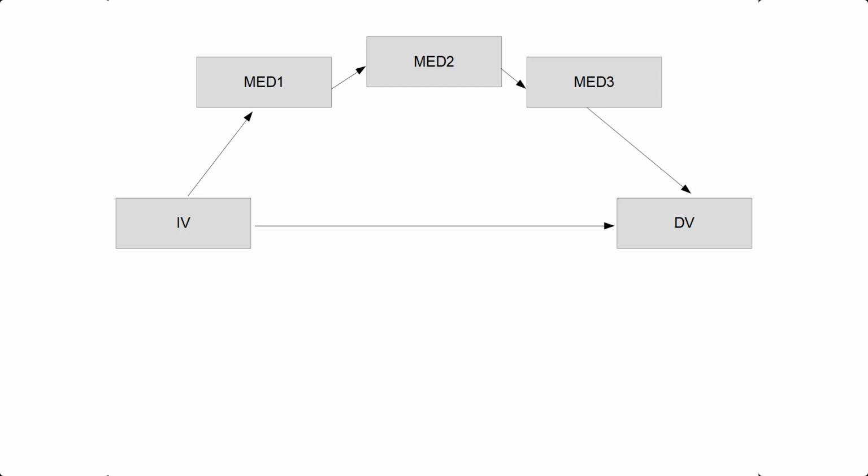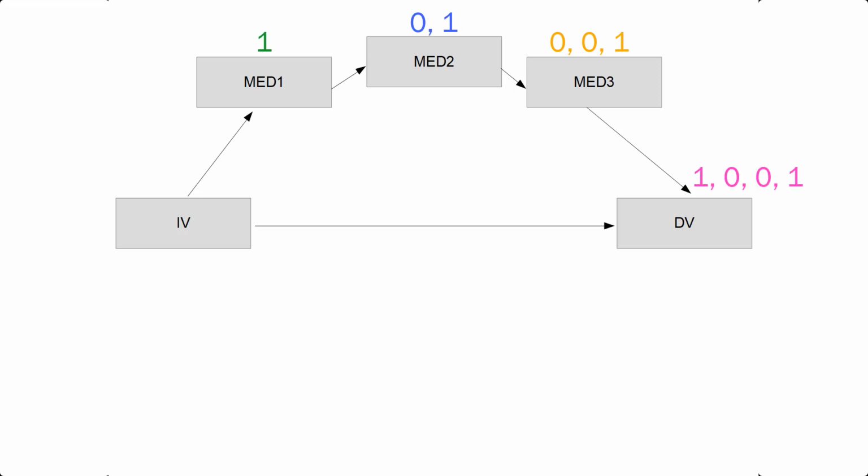And let's build up our B matrix. Mediator 1 is predicted by the independent variable, so we start with a 1. Mediator 2 is not predicted by the independent variable, 0, but is predicted by the mediator 1, so here a 1. Mediator 3 is not predicted by the independent variable, 0, not predicted by the mediator 1, 0, but predicted by the mediator 2, 1.